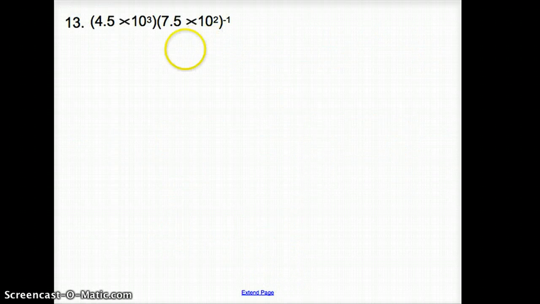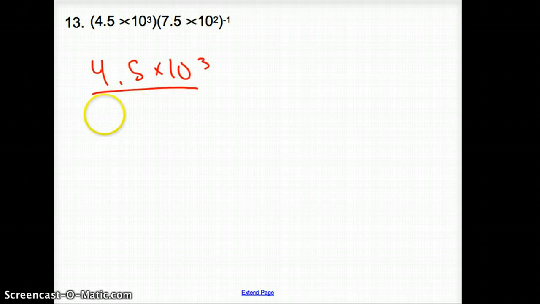And one more. Here we're using some scientific notation. Remember, this is a negative exponent here to everything inside the parentheses. So I'm going to go 4.5 times 10 to the third, and a negative exponent moves it to the bottom and becomes positive.